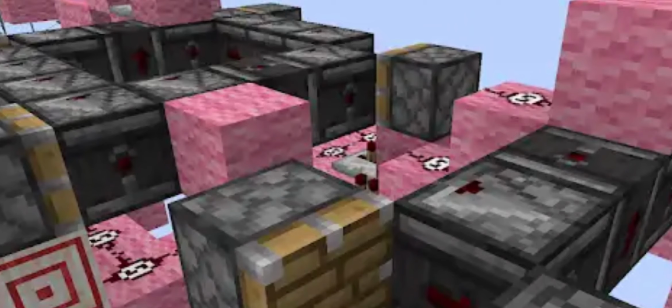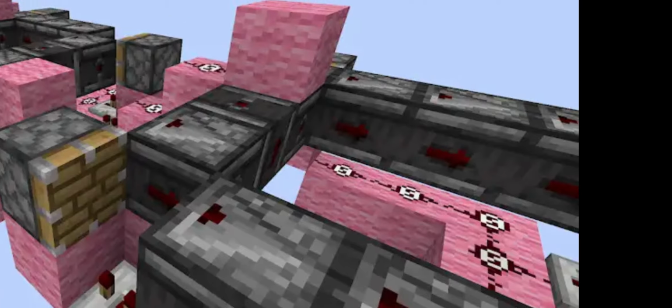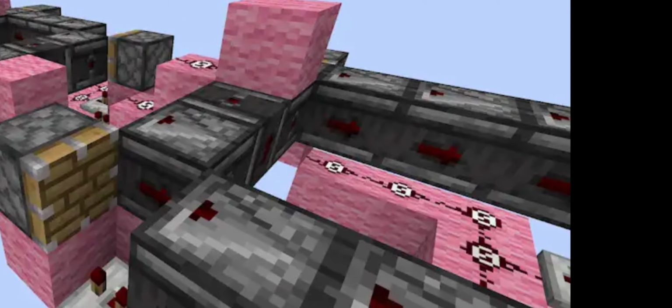Dust. Oh, shoot. Dust. And then a repeater, which has a 1 tick delay, I assume, which activates this, and this activates itself, I assume, because I have literally nothing else to work off of.